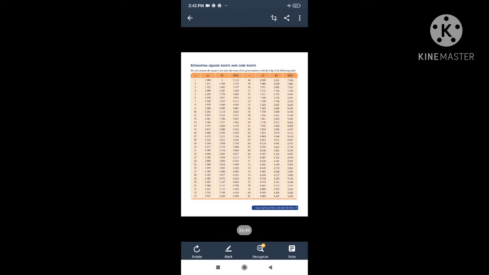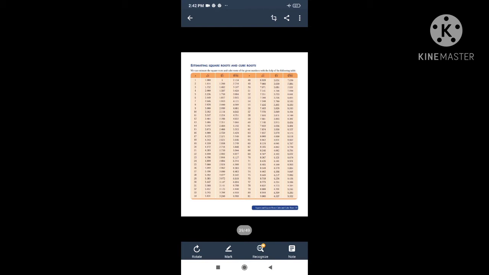So we need 27. From 1 to 3 you see the line 27 is there. You need to find the square root, that means you need to see the value in root x, not in cube root. Here the value of x is 27.